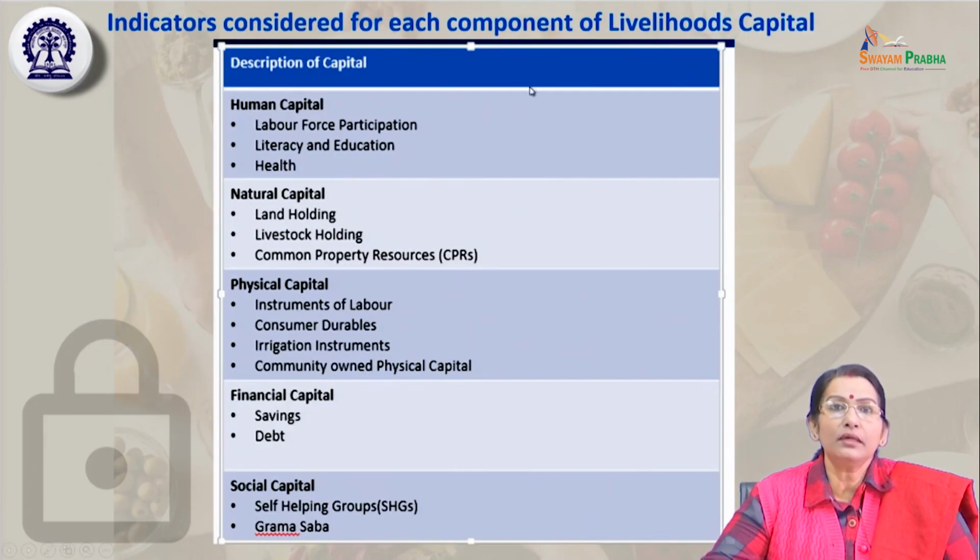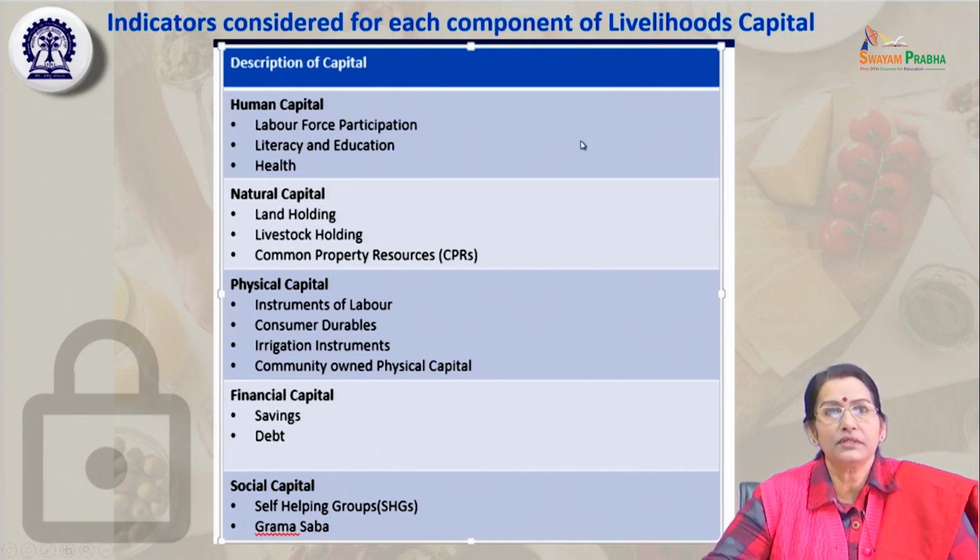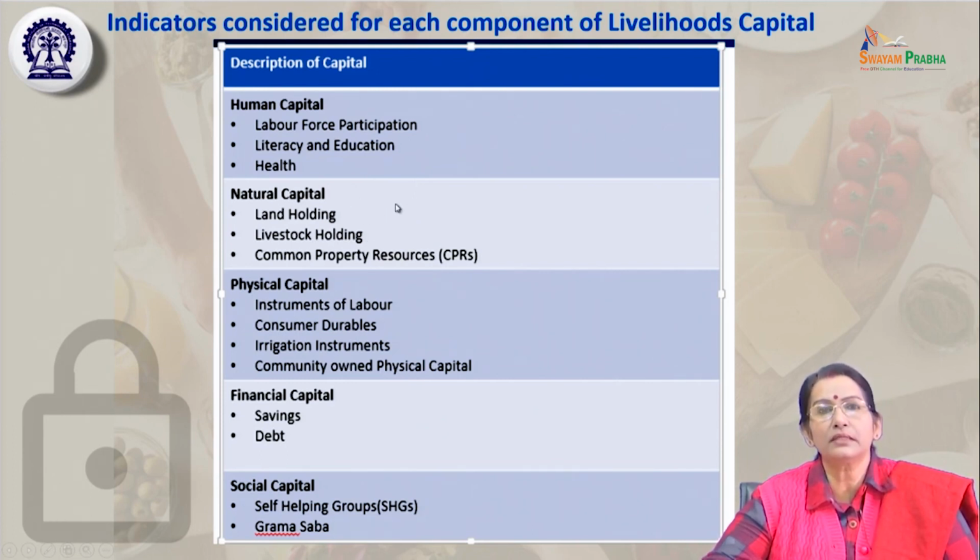When we talk about the components of livelihood, we can categorize them into different capitals. Human capital is labor force participation, literacy, education, skill-based jobs, health knowledge, etc. The natural capital depends on livestock holding, lands, agricultural lands, and common property resources.